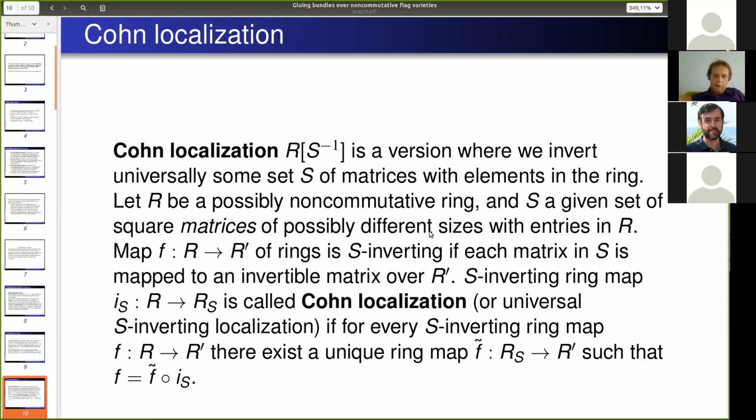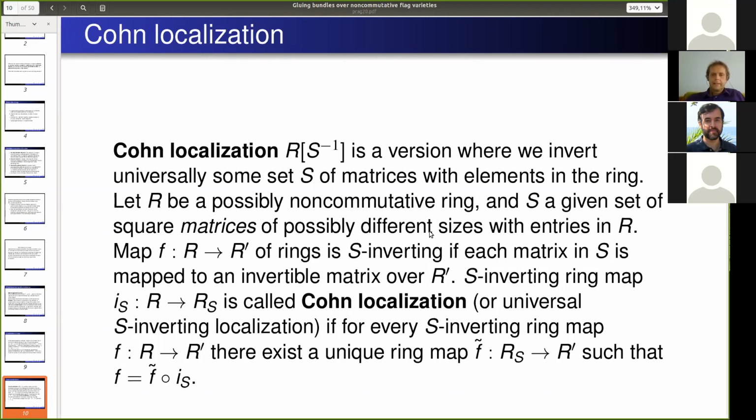However, for our non-commutative flag variety, at the end of the talk, we will really need localizations which are not flat, in the sense that the composition of inverse and direct image, as an endofunctor, is not an exact functor.